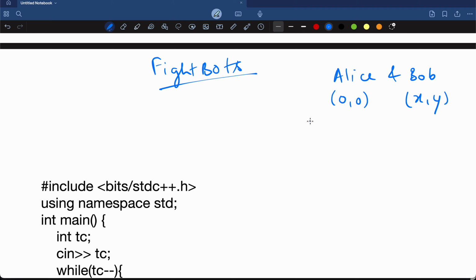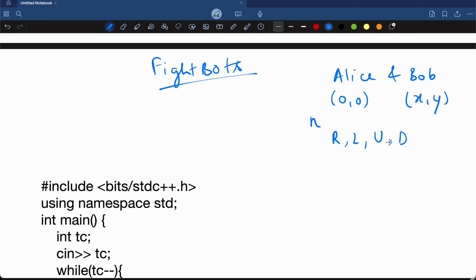A number n is also given, representing the number of times Alice can move her robot by one place, and she can only make these types of moves: right, left, up and down, by one unit.